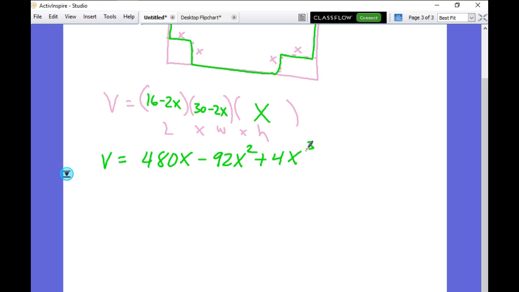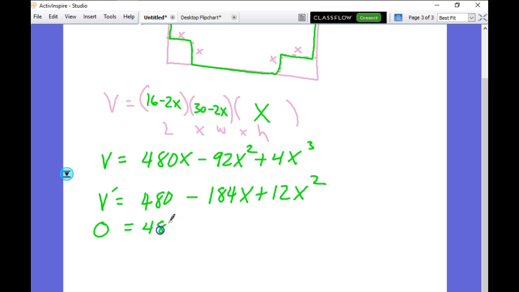Then we take the derivative. Next, we set it equal to 0, right?